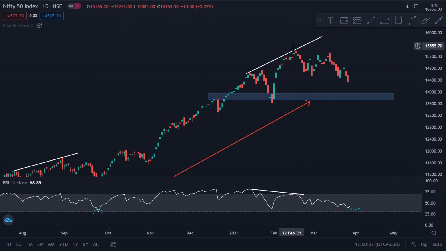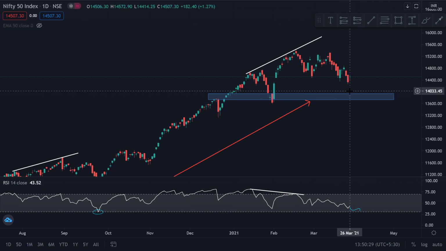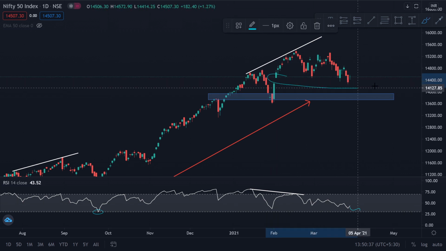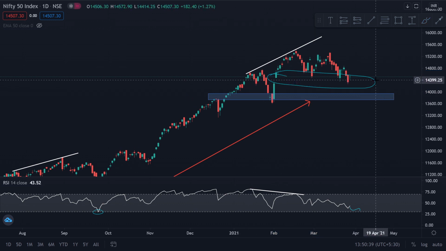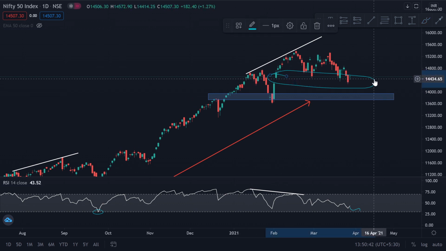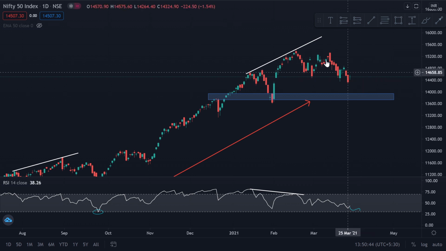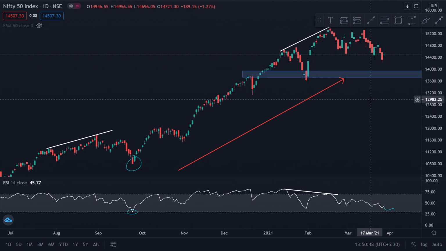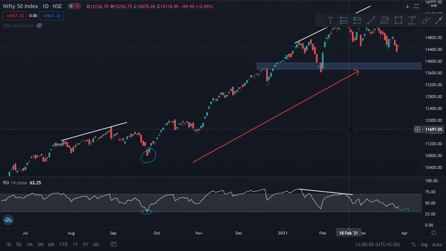So if I had gone short here, obviously I'm still in profits. I'll probably still be in profits till Nifty touches 14k. Right now, Nifty does have an important support area right here. So I will not make any speculations about Nifty going down till 14k. But I'm just telling you how I spotted a reversal in Nifty and how I wasn't completely bullish anymore in the medium term.